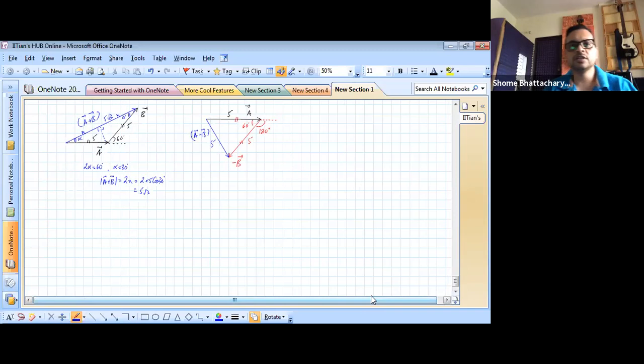So these are the corresponding vector triangles that represent each of these operations. Okay, so just make a note of this, guys.